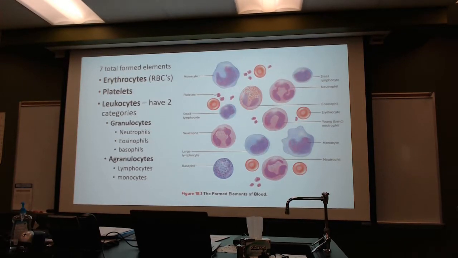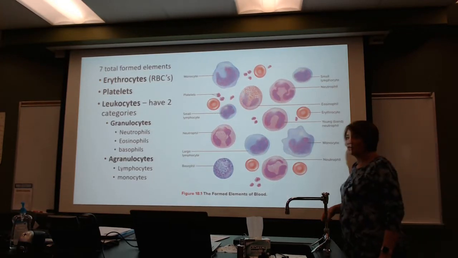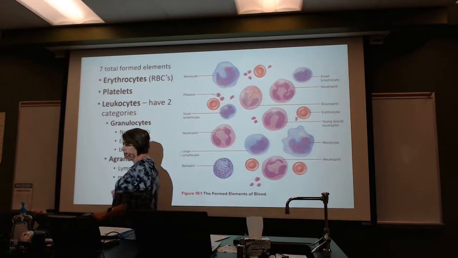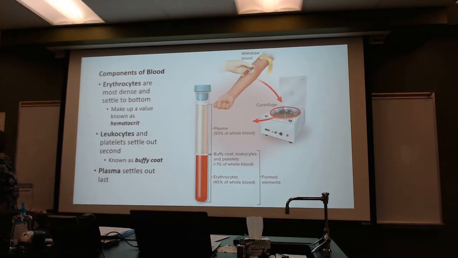They keep their organelles. Red blood cells do not. Leukocytes keep their organelles. Red blood cells do not. Platelets don't have them to begin with.